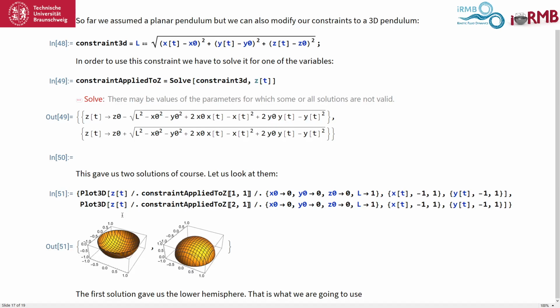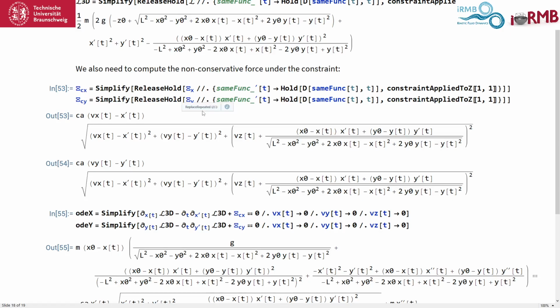What we are going to do is we take the Lagrangian now in 3D. We take the Lagrangian, again we replace all the derivatives and replace every occurrence of z. So now we get our Lagrangian like this.